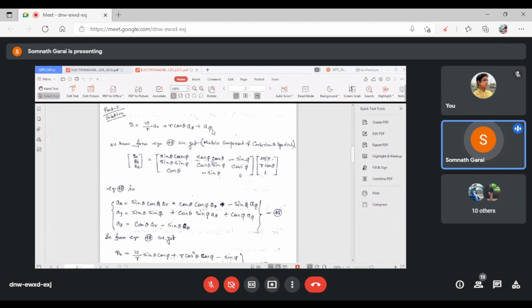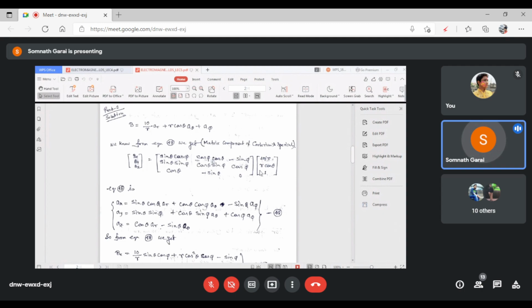This is a vector field situated in a spherical coordinate system whose magnitude components are: capital AR is equal to 10 by r, capital A theta is equal to r cos theta, and capital A phi is equal to 1. Now we have to calculate the Cartesian coordinate vector.